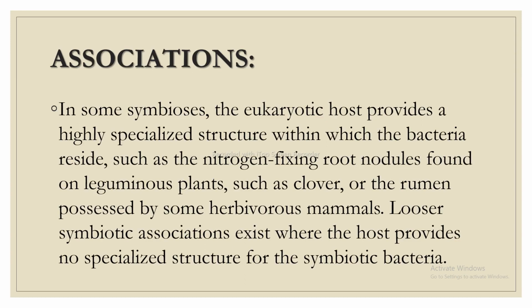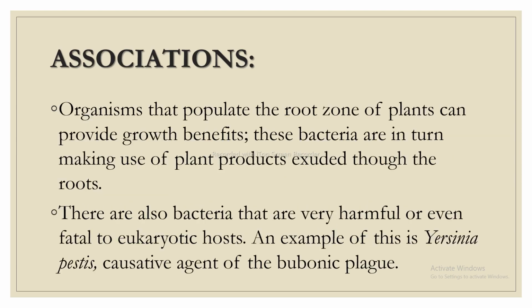In some symbioses, the eukaryotic host provides a highly specialized structure within which the bacteria reside, such as nitrogen-fixing root nodules found in leguminous plants such as clover, or the rumen possessed by some herbivorous mammals. Looser symbiotic associations exist where the host provides no specialized structure for symbiotic bacteria.